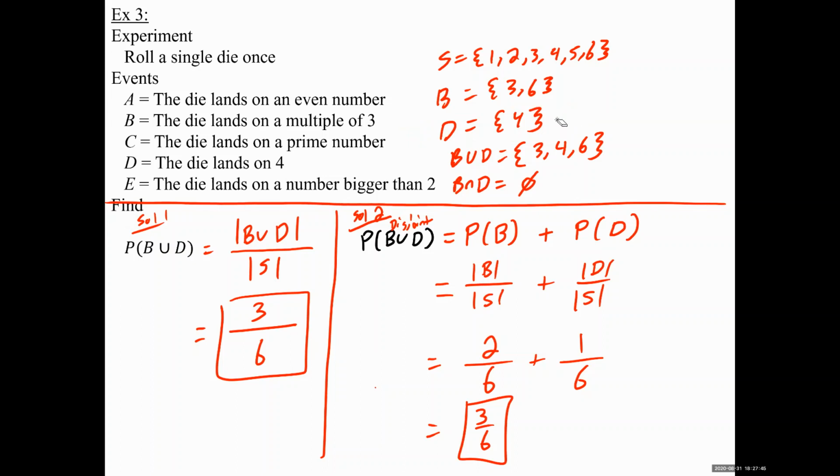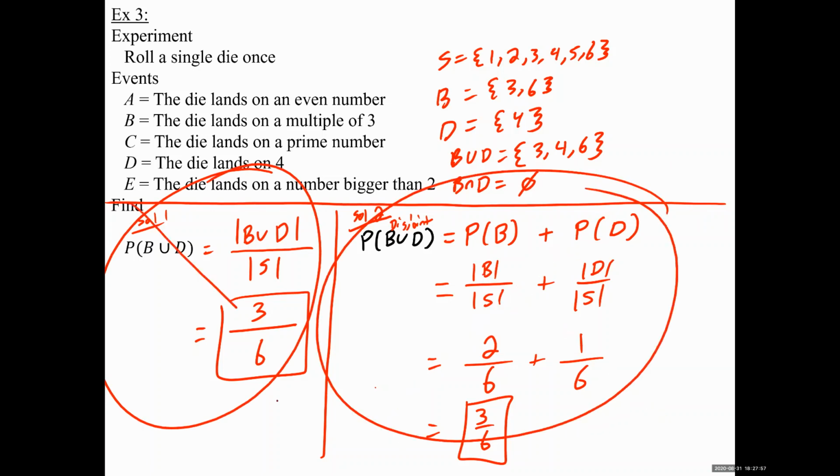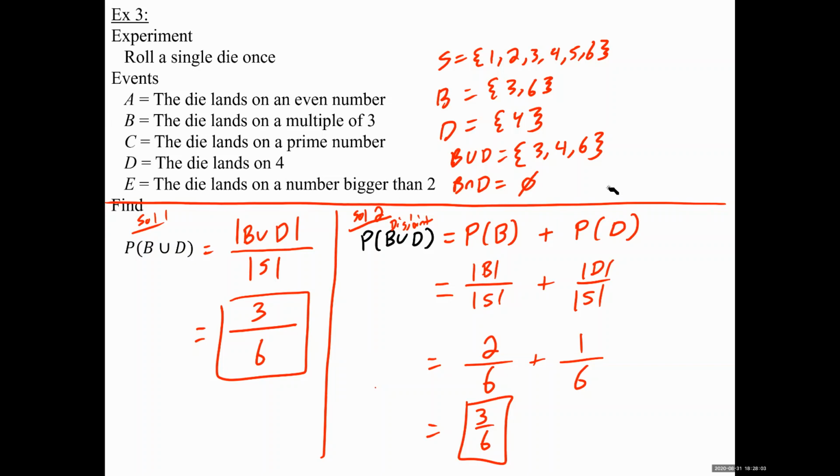So we do a lot more examples, but just remember, some problems can be done more than one way. Some problems can only be done one way. So in other words, this might be the only way that works and this way won't work. And in another problem, this way might be the only way that works and this way won't work. How do you know? Well, it totally depends on the information they give you in the problem. In this problem, we have all the information to do it either way.